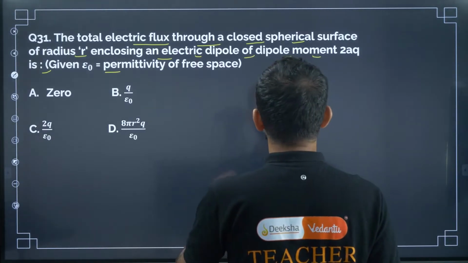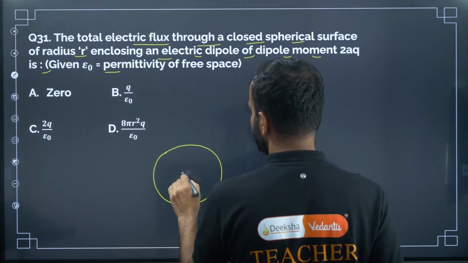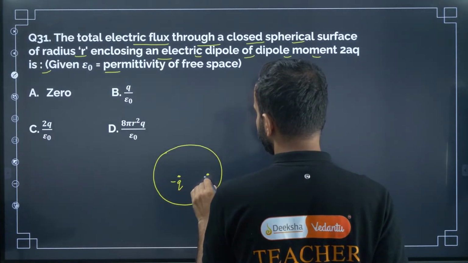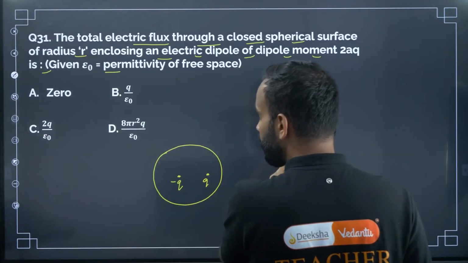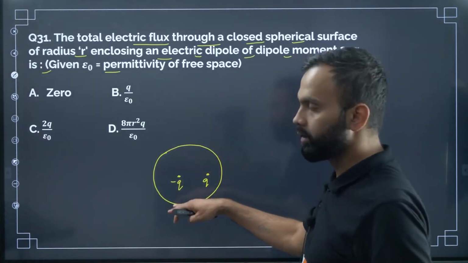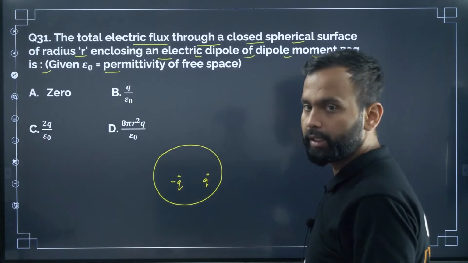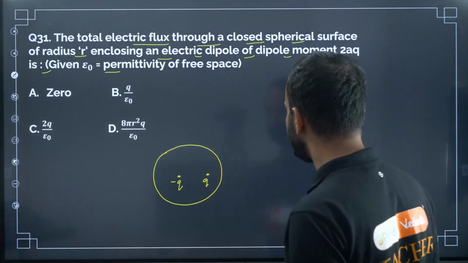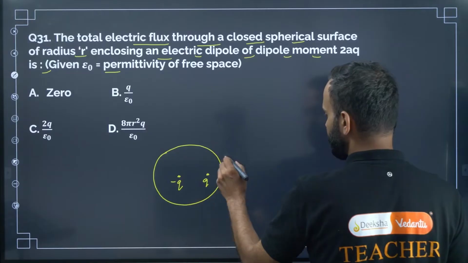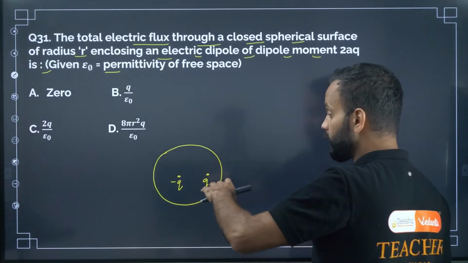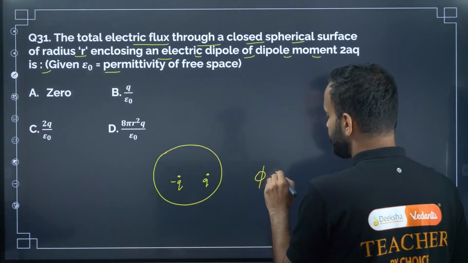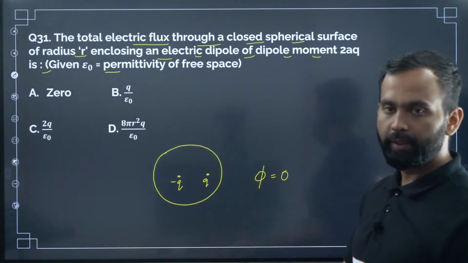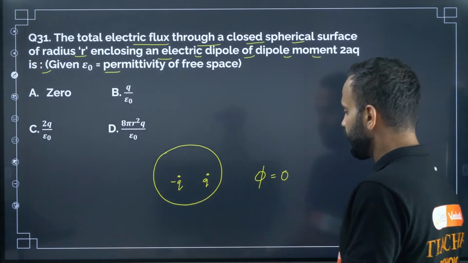So here, this is the spherical surface, and the electric dipole is inside, enclosed by this spherical surface. Total electric flux passing through this spherical surface is 0. Why? Because the net charge enclosed by this spherical surface is equal to 0, right?